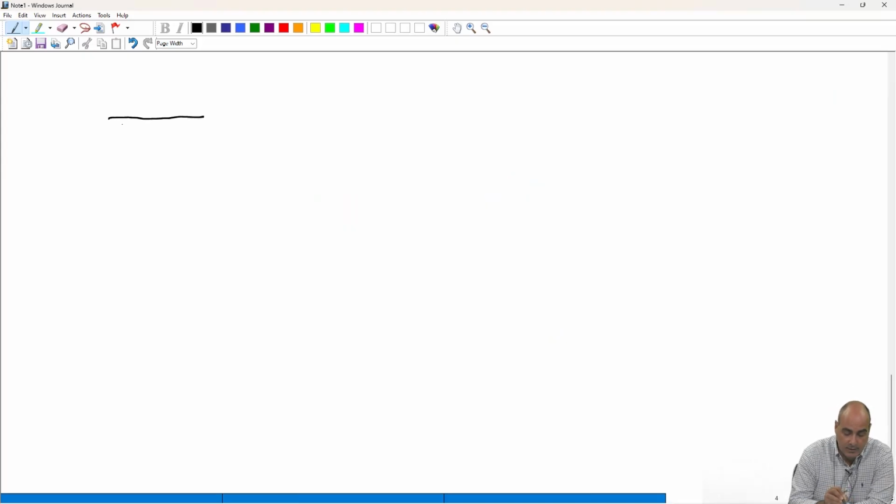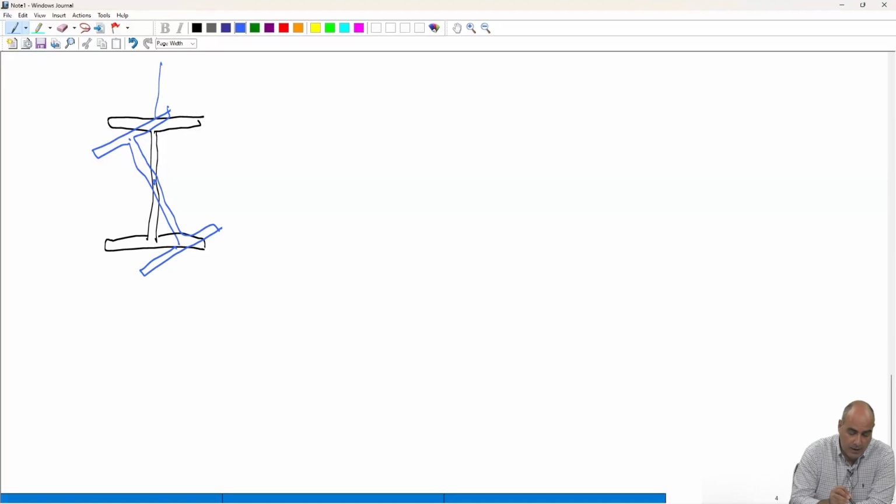So let's draw the cross section here. And let's say, okay, because of the torsion, the cross section rotates about its center of an angle phi.